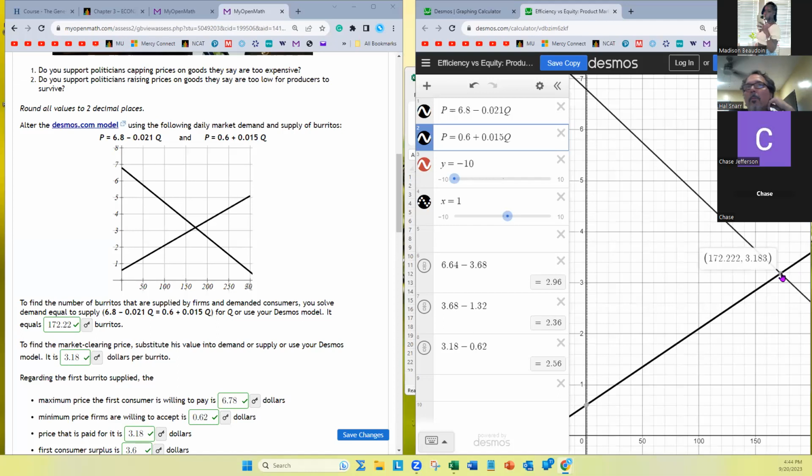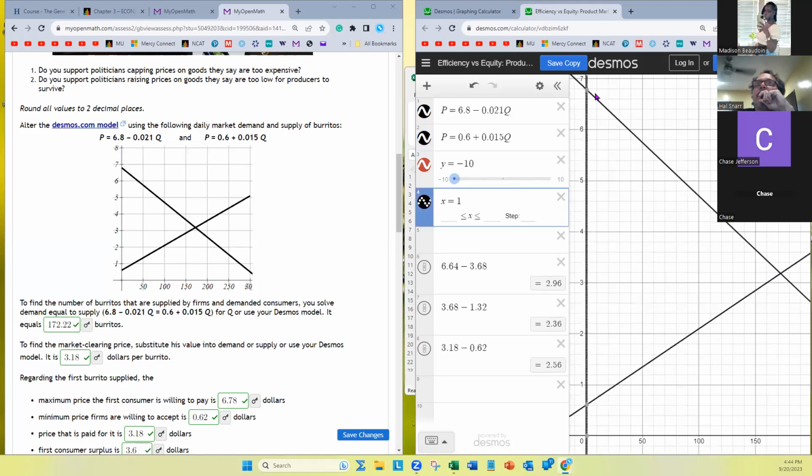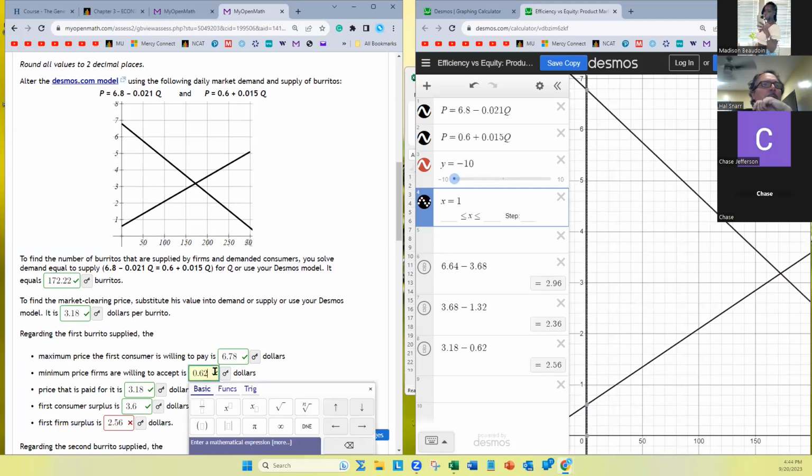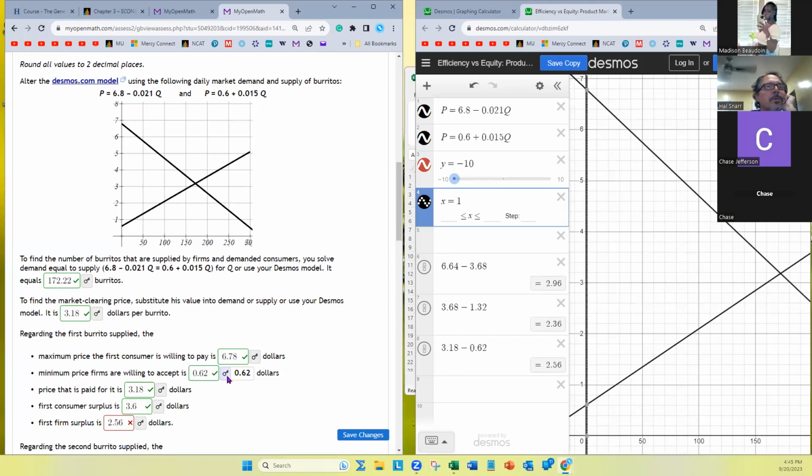Okay, so your market price is 318. Your price that consumers are willing to pay is 678. Firms are willing to accept... Oh, try changing that to 0.61. It won't let me because I did it twice.